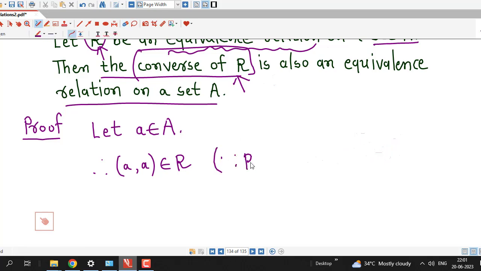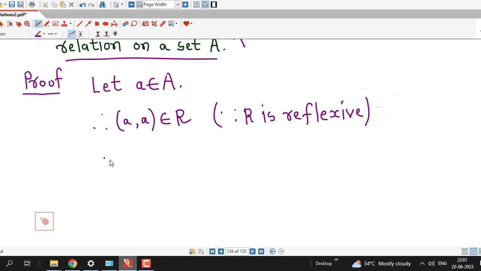So here I can write that because R is reflexive, for A belonging to capital A, the ordered pair (A, A) belongs to R. Now by the definition of converse of a relation, if we interchange the order of components here, then we will get the same ordered pair because both the components are equal.